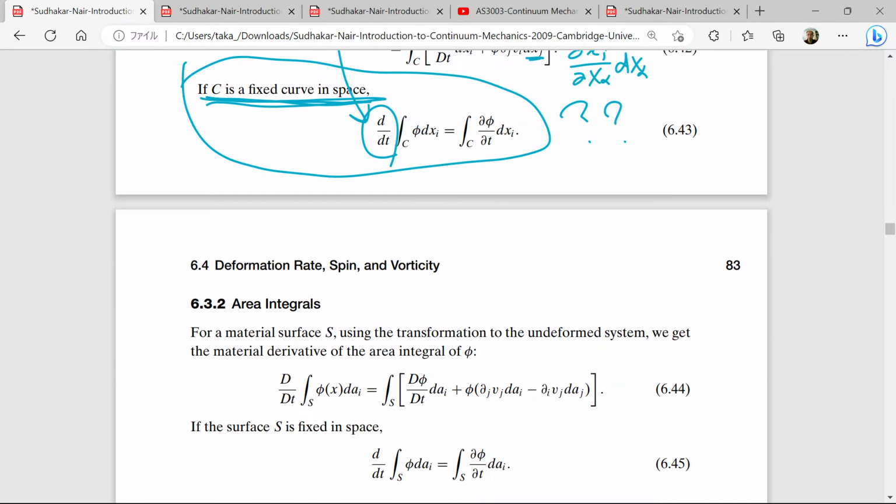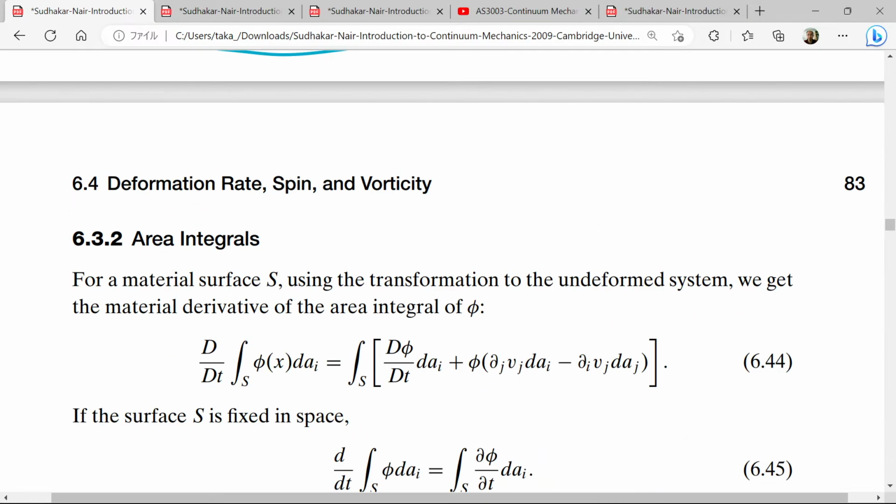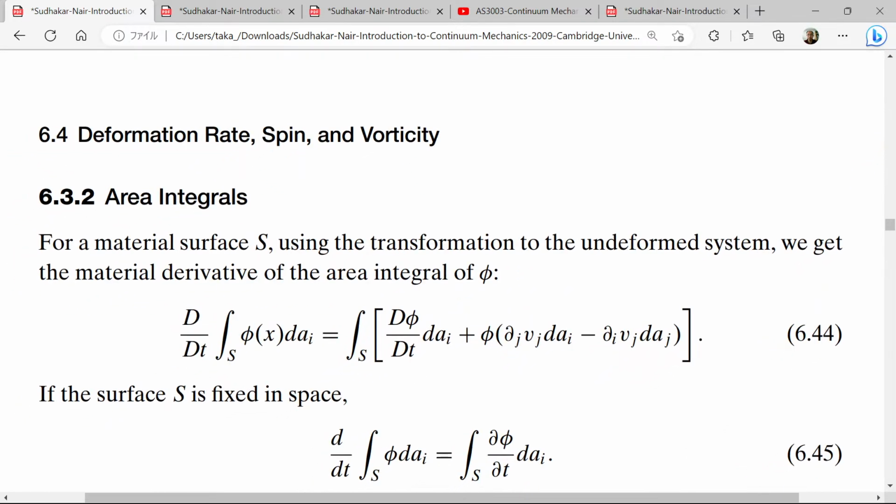Okay, so area integral of phi, how do we get this?